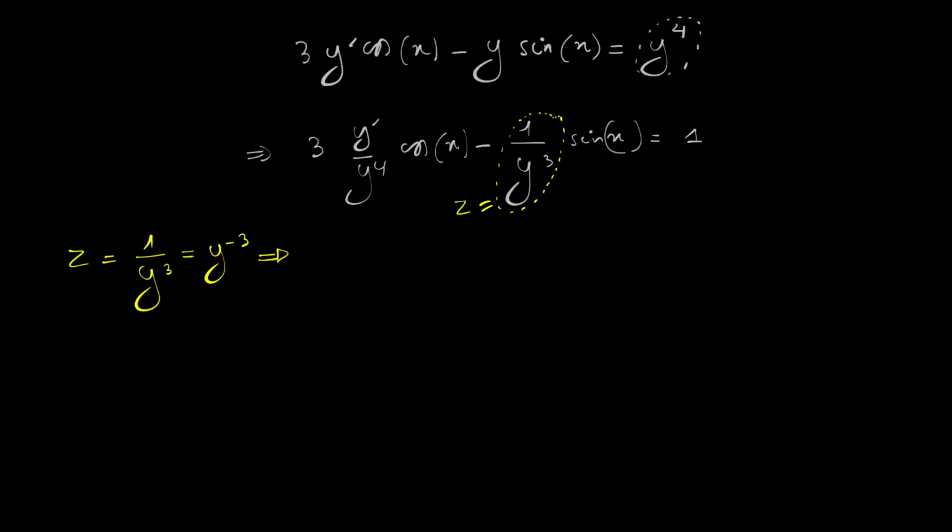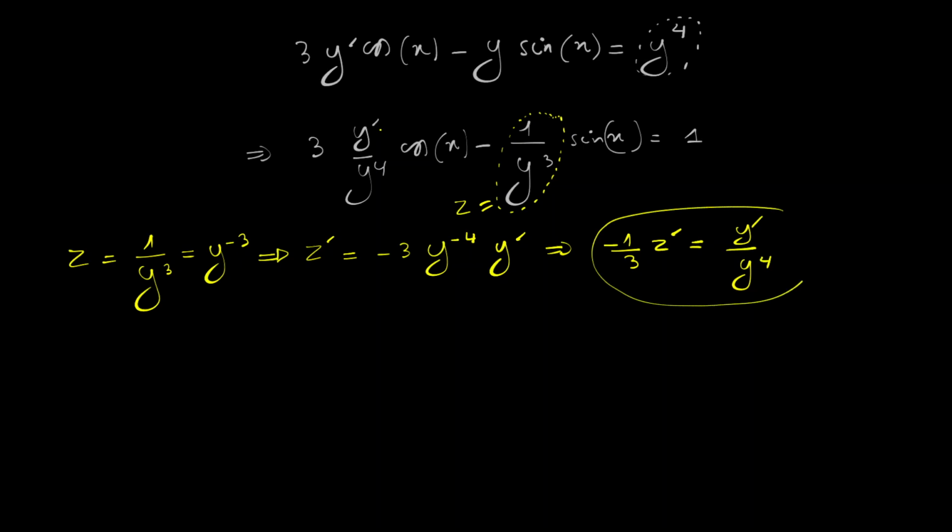It is easier to calculate the derivative of z, which is minus 3 y power of minus 4 times y prime, then minus 1 over 3 times z prime equals y prime over y power of 4, which is this term.